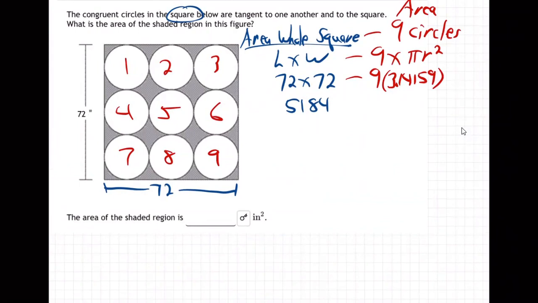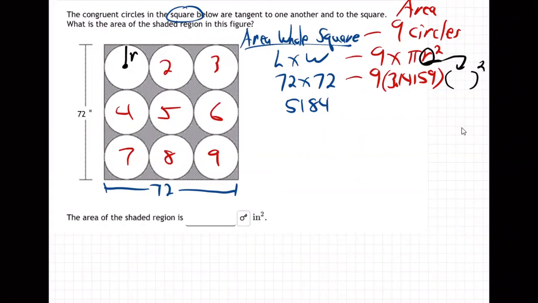And now I need to come up with the r. What's the radius? That's the tricky part here. I need the r squared. What's the radius of one of these 9 circles? Remember, radius is halfway across the circle, from the middle to the edge.